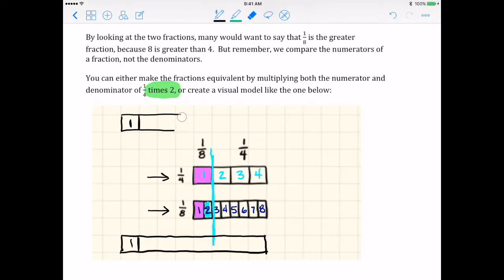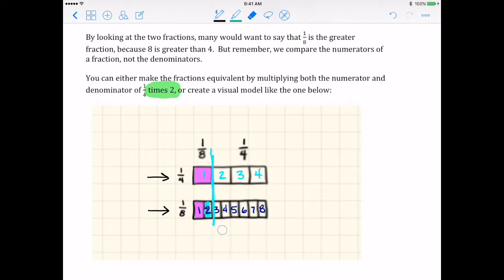So that's why you want to make sure that when you draw your visual fraction model, both models are the same size, just like I did here. Again, I'll point it out one more time. They take up the same amount of space. It's just that they're divided differently.